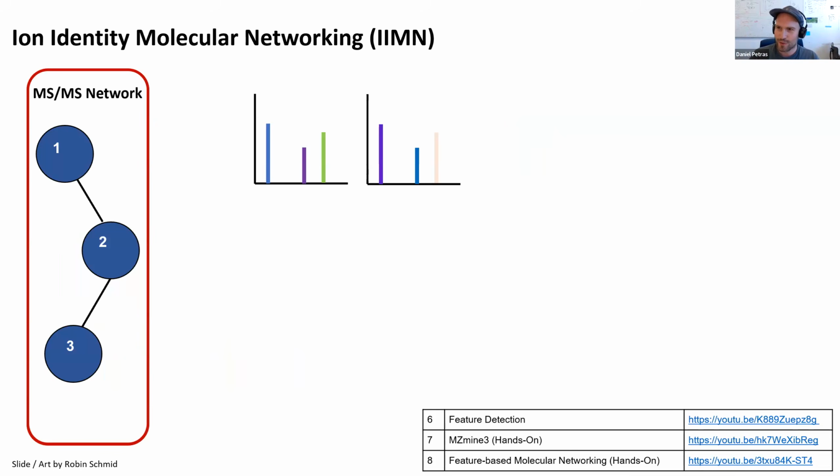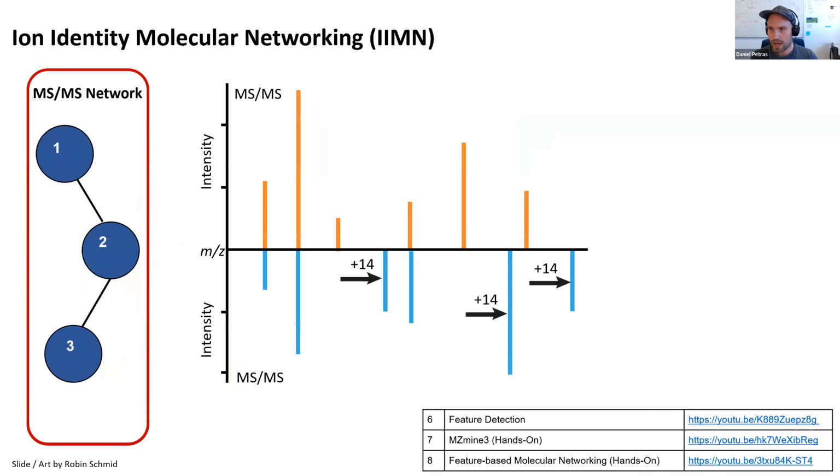And in case you wonder how we exactly do that, we use the cosine similarity metric, which basically compares 2 spectra to each other and has this modification awareness. So we basically allow mass offsets between the fragments to occur depending on the mass difference of the 2 spectra to compare on the precursor level.